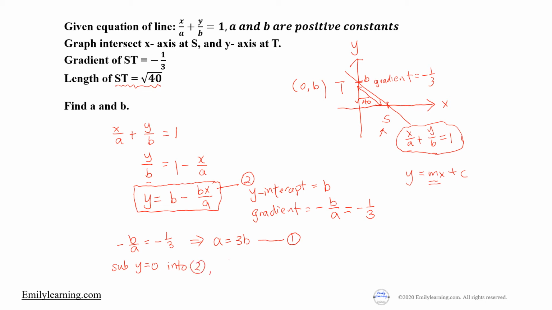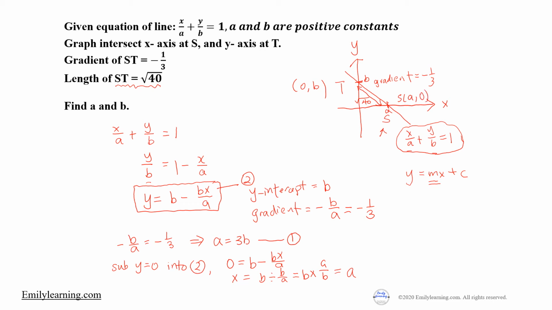So when I sub y equals to 0, I have b minus bx over a equals 0. So therefore, x is equals to b divided by b over a, which is the same as b times a over b, and therefore it is equals to a. So I know S is (a, 0).